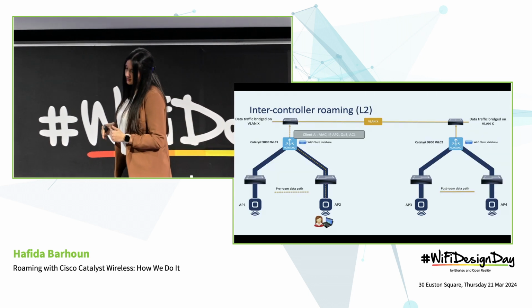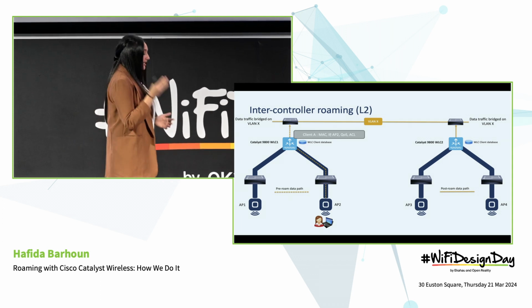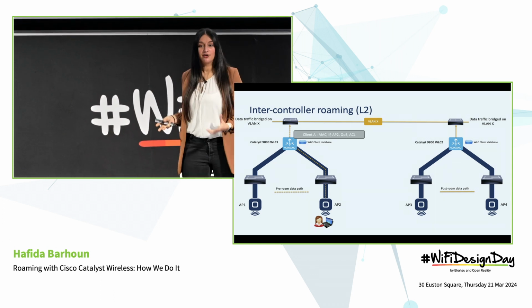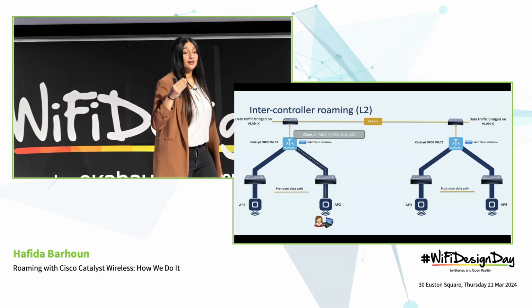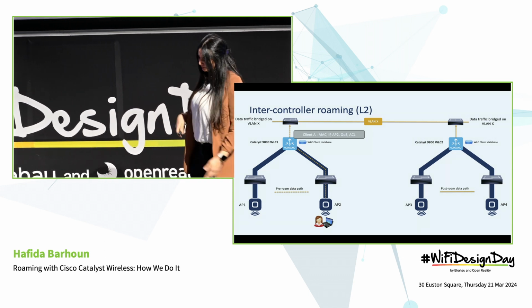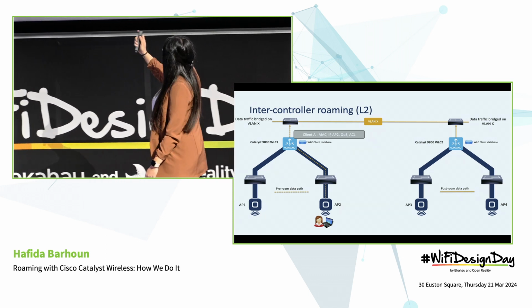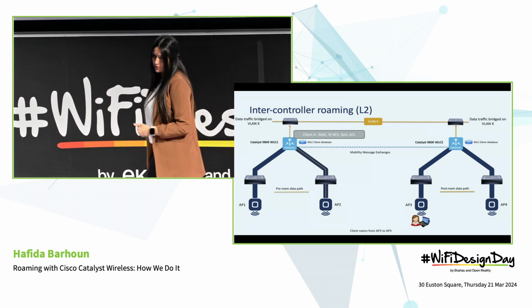Second type of roaming is the inter-controller roaming. In this type of roaming, we have two different scenarios. The first one is the layer 2 inter-controller roaming, and we have the layer 3 inter-controller roaming. In the first scenario, Mia is moving from AP2 to AP3, managed by another 9800 controller.